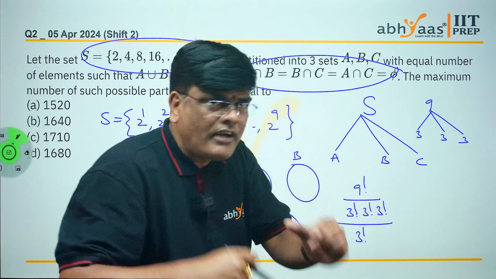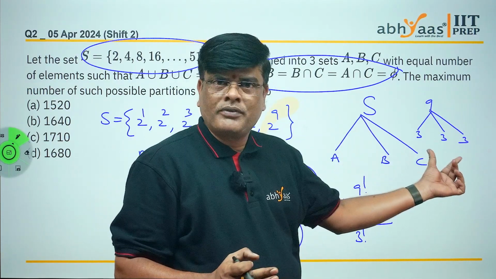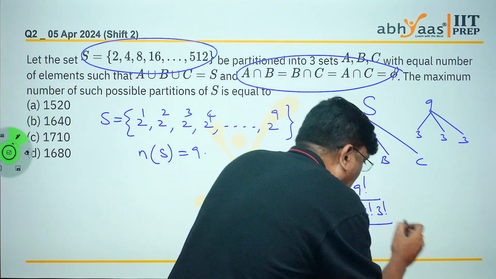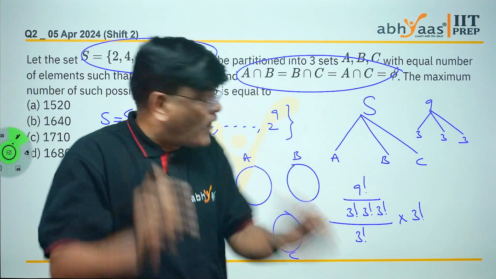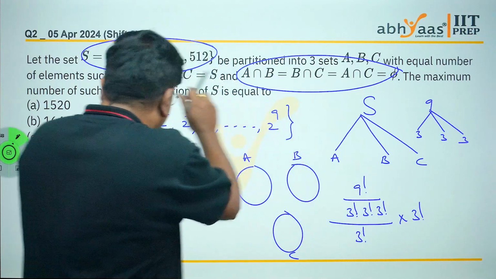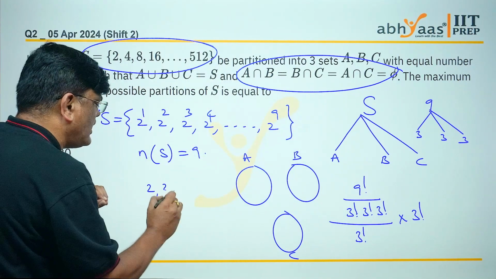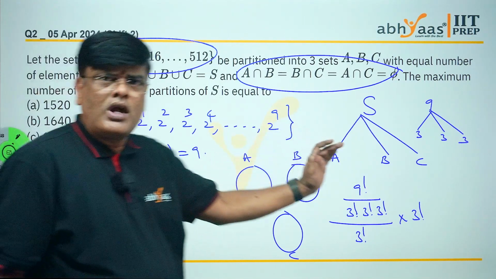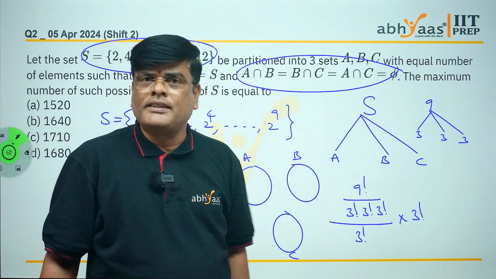And here one more point is there: I can arrange the sets among themselves. That means distribution. Now how to distribute these 3 sets among themselves? 3 factorial. Here why I have taken this 3 factorial, I will explain. For example, with the first selection I am taking the first 3 elements, 2, 2 square, 2 cube, that are in the set A. I can keep these elements in set B or set C. Is it right?